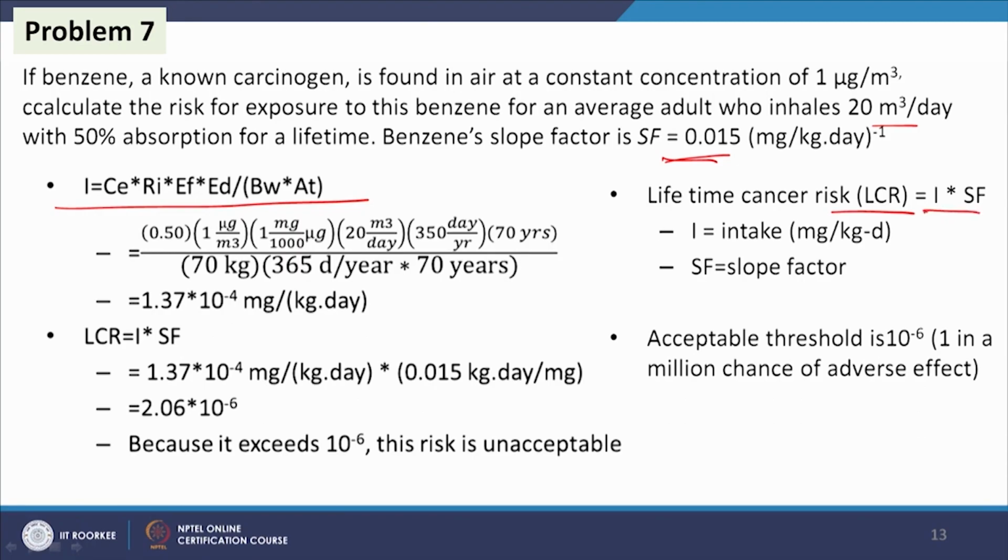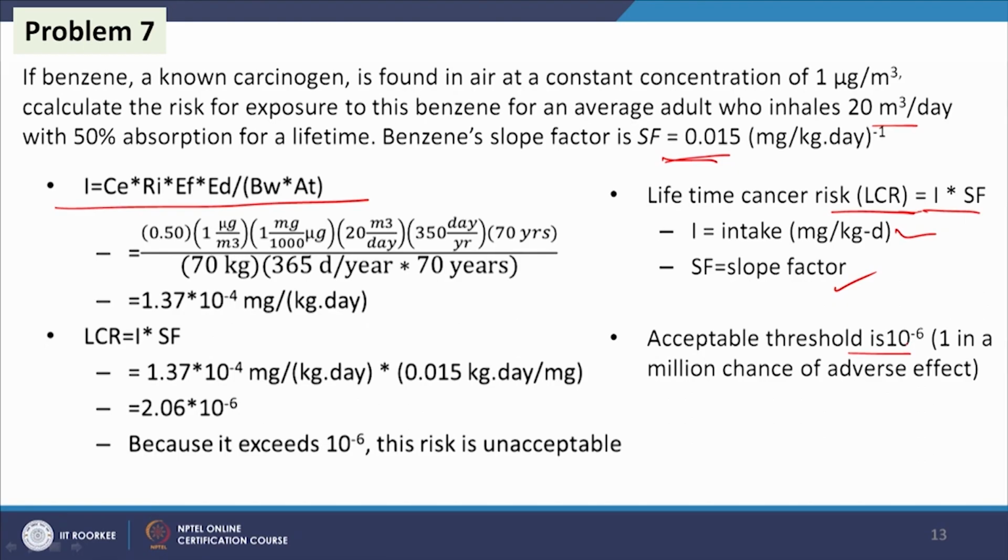We did not mention this in the previous class, but the lifetime cancer risk is intake into slope factor, and if the value is 10 to the power minus 6 or less, then it is an acceptable threshold. If it is more than that, it is not acceptable.